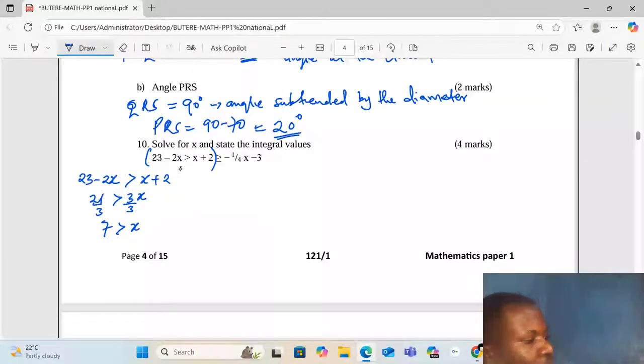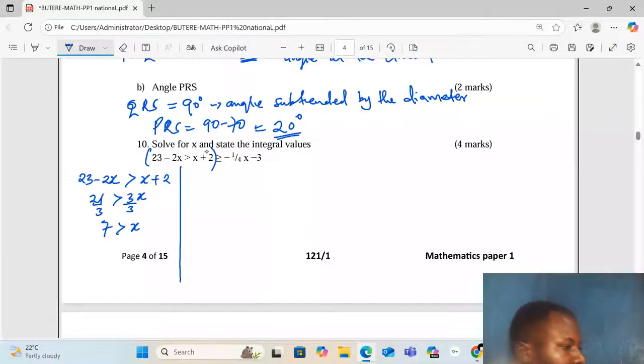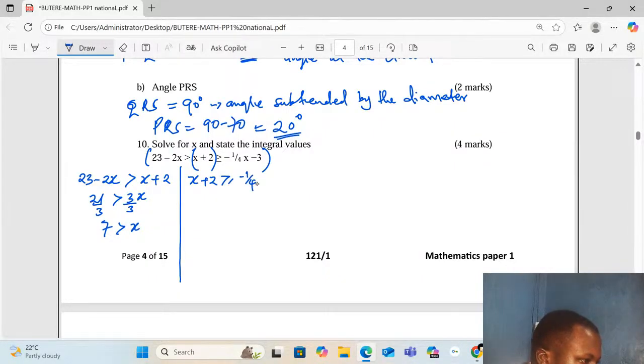Then we move to the second one. We take the 2x and this x plus 2. So x plus 2 is greater than or equal to negative a quarter x minus 3.